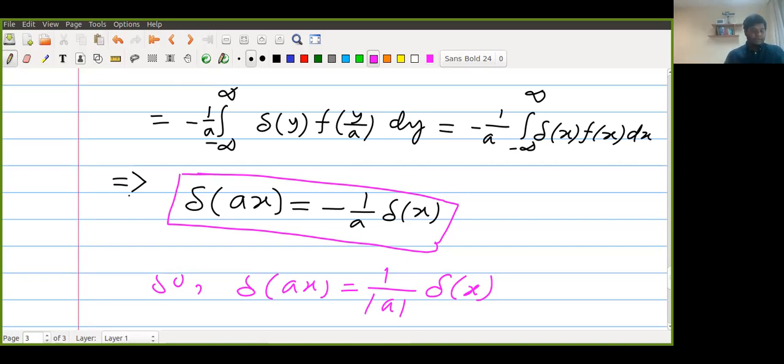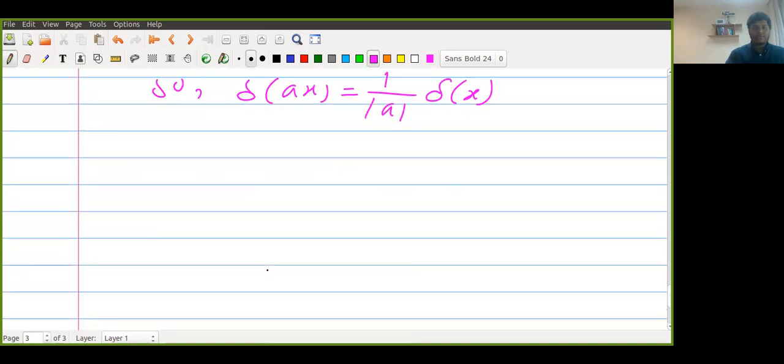Okay, if I want to prove one more property of the Dirac delta function, which is very simple and very easy to prove, let me take the green color. So the third property is x delta of x equals 0. Can you try to prove this one? It's very easy. What you have to do is the same recipe.